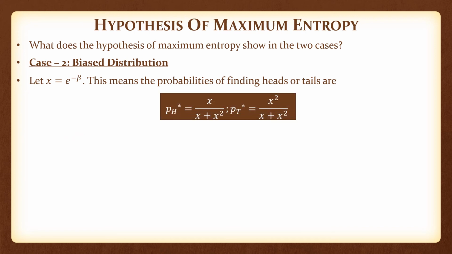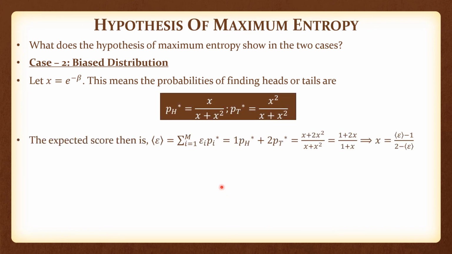These are the probabilities. What is the expected score? The expected score is simply epsilon I times pi star, summed over all the possible values of the outcomes. So in this case, 1 into the probability of head plus 2 into the probability of tail.